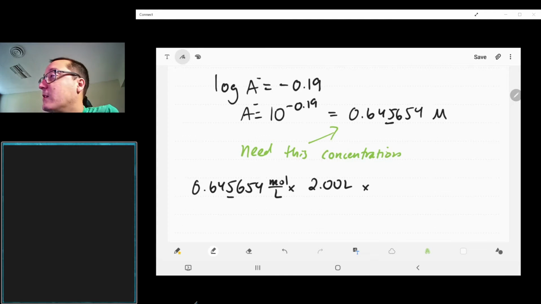The molar mass we could find, for me, I will go to Wikipedia and do it. Sodium benzoate's molecular mass is 144.1.